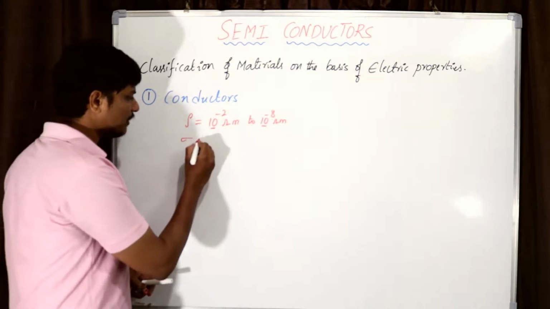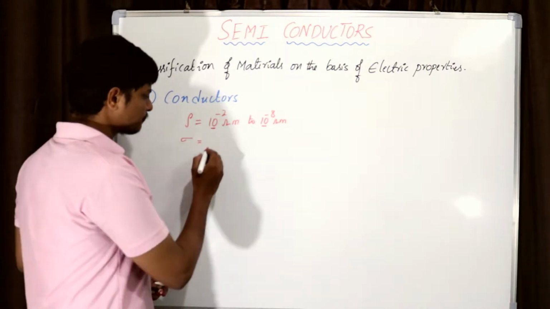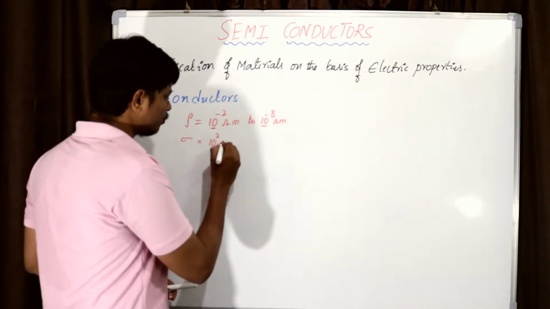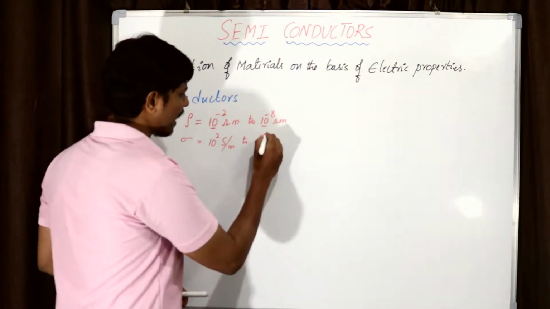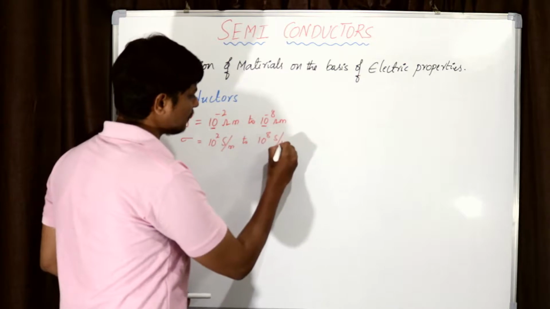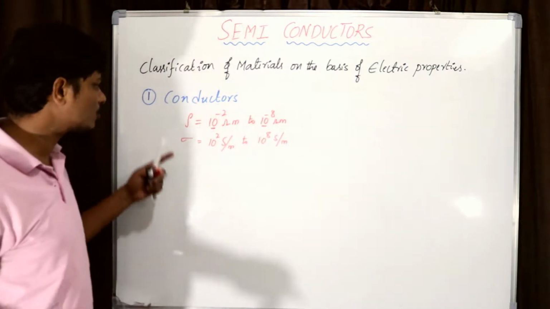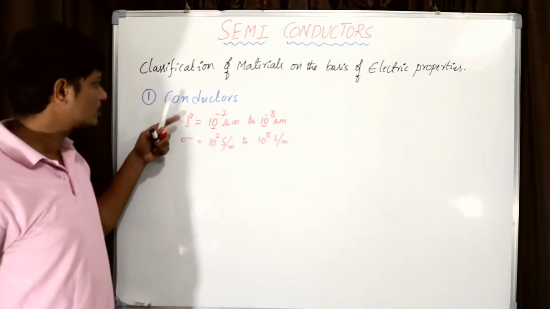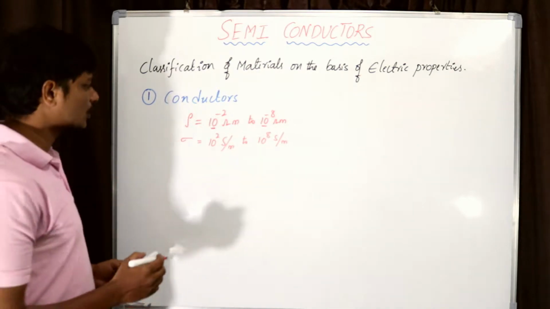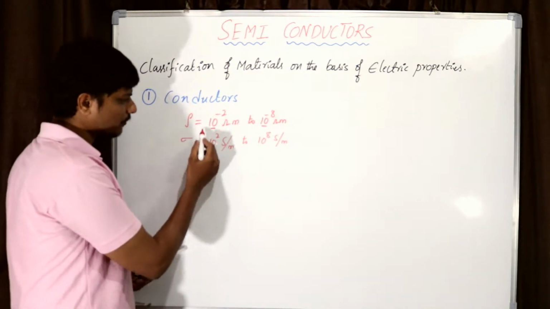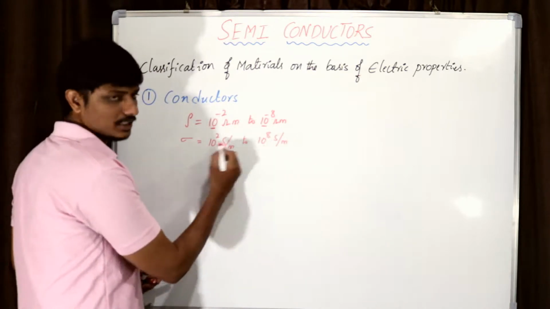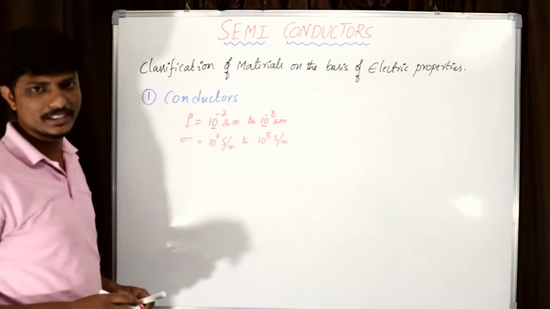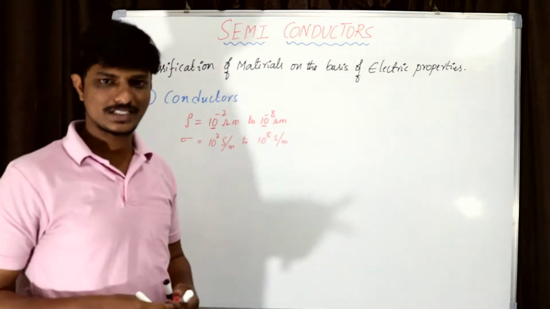So the conductivity of conductors is 10 power 2 Siemens per meter to 10 power 8 Siemens per meter. These are the two factors we have considered to explain conductors. The resistivity value is very low and the conductivity value is really high. Therefore conductors are good materials to allow the charge with less resistance.